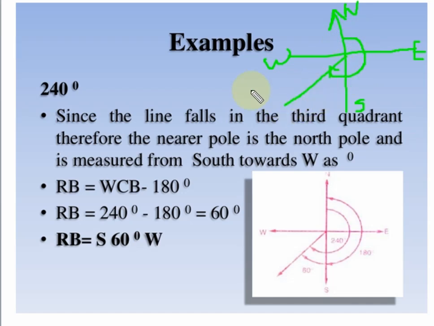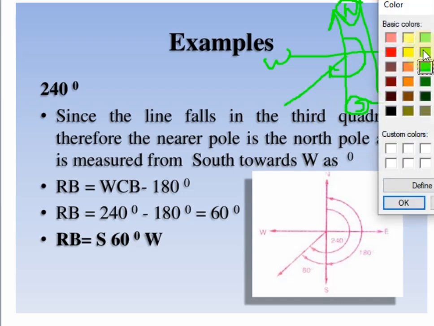This is called the whole circle bearing, as we know. But what is meant by reduced bearing? A reduced bearing is nothing but the bearing which is measured with respect to north or south, whichever is nearer to the survey line. So we have to calculate this bearing.